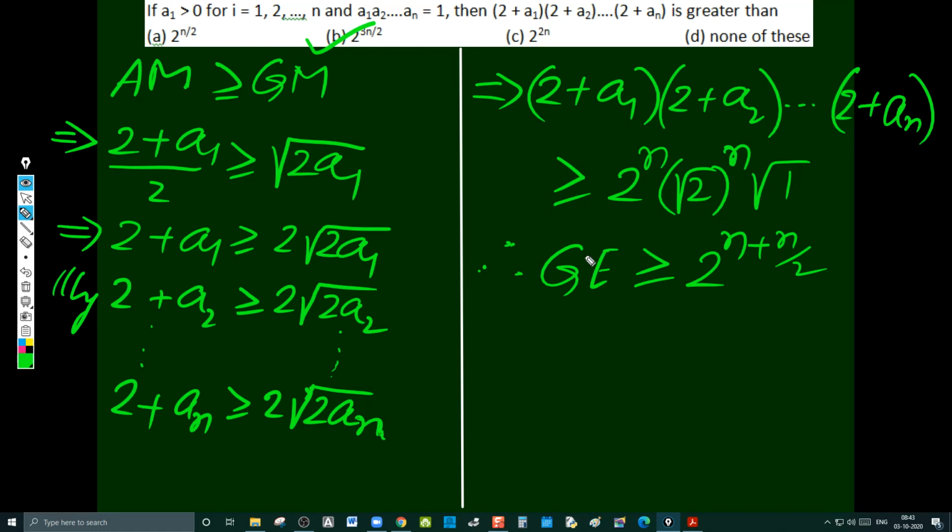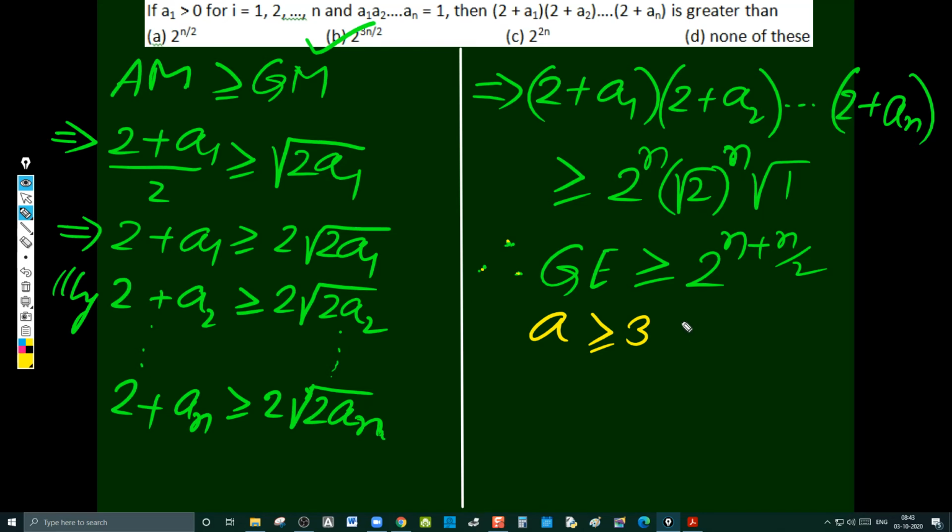Because, for example, I'll take an example like this. There is every chance of getting other options also because you know that it is a more than one correct option question. For example, A is like this: A is greater than or equal to 3.